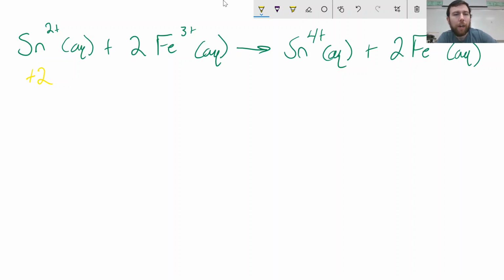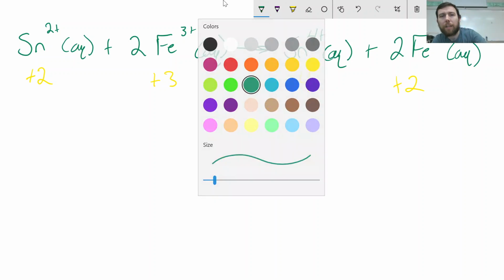Each of our Fe3+ ions has an oxidation state of +3. The Sn4+ ion has an oxidation state of +4. And Fe2+ ions have an oxidation state of +2.